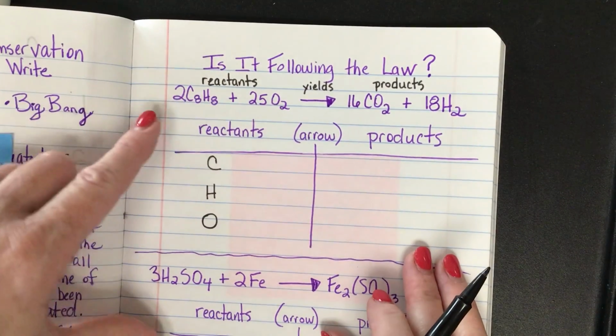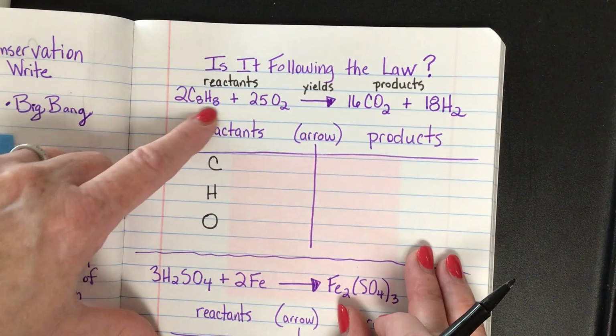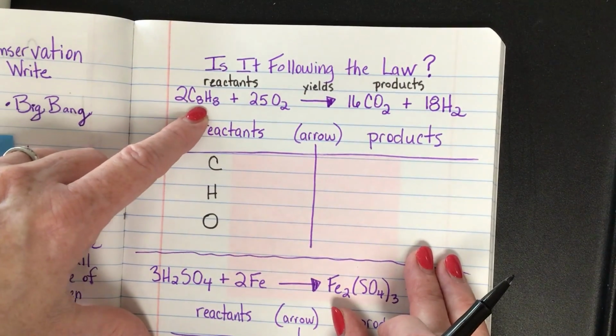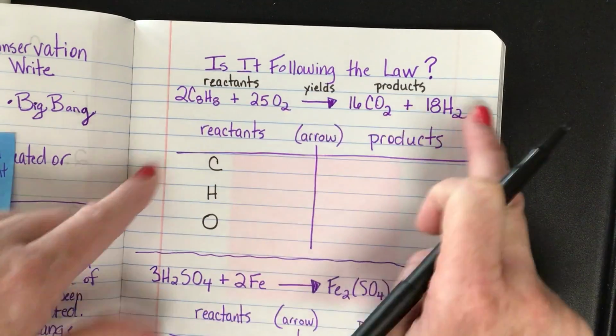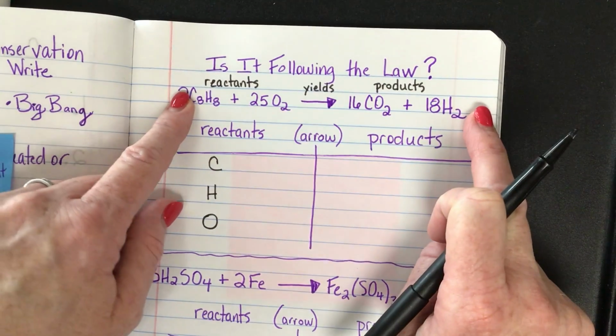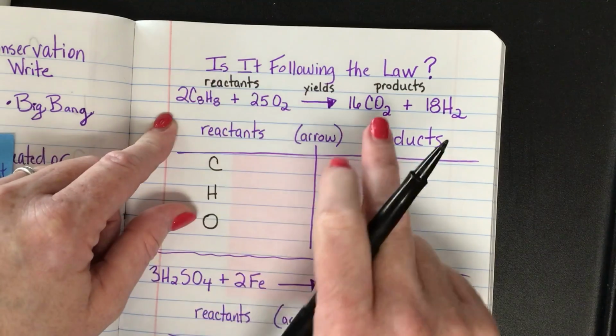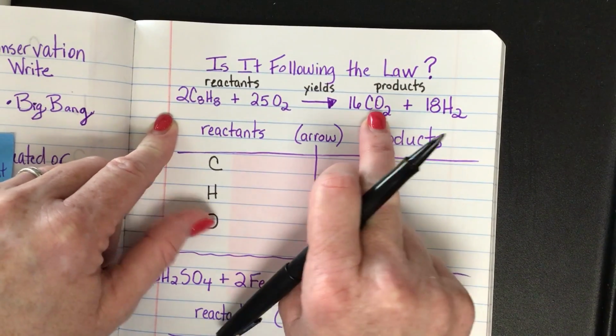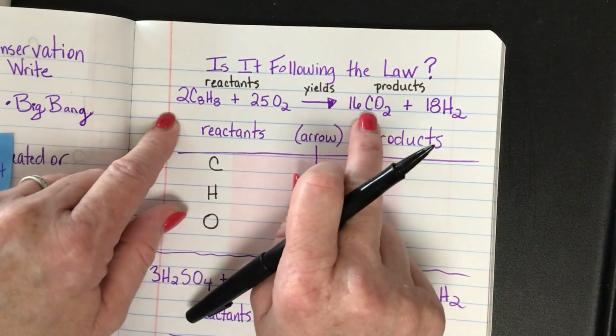Let's count how many. This is a chemical formula, right? This is a chemical what? Equation. Good. This is the whole equation. Is this right here an equation or a formula? Good. That's right there, a formula.